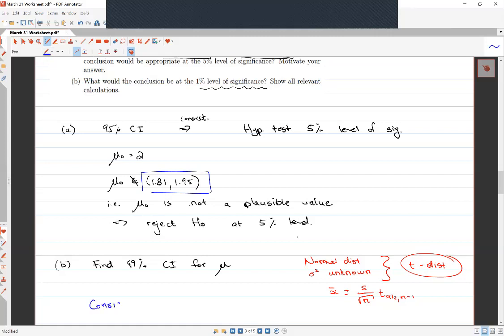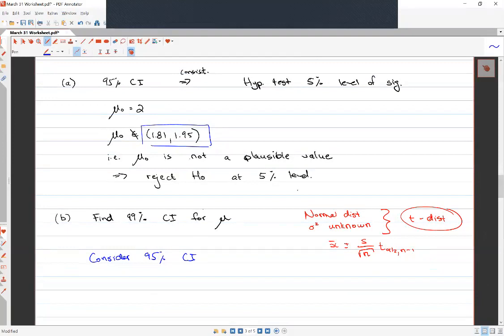So let's first consider our 95% confidence interval, which in this case would mean the t-value that was used, alpha here would be 0.05, so alpha over 2 would be 0.025 and 14 degrees of freedom.